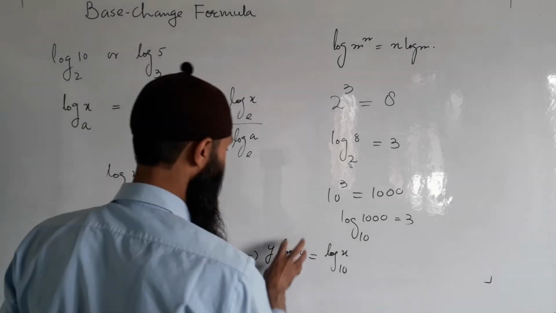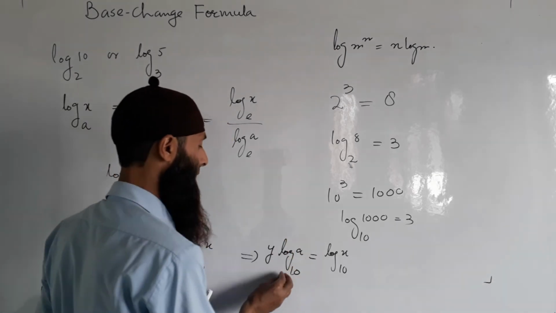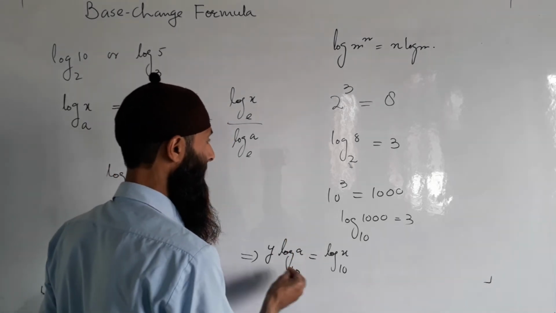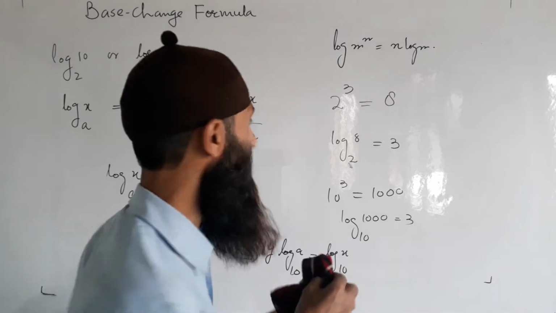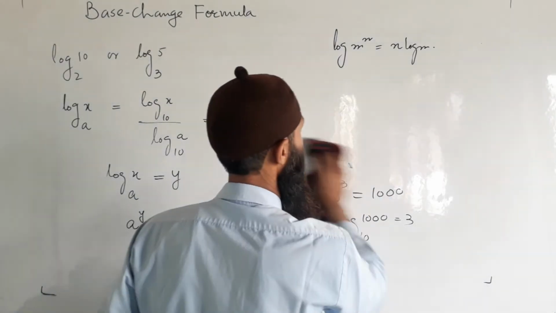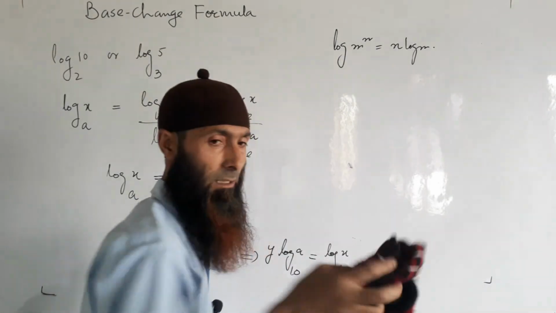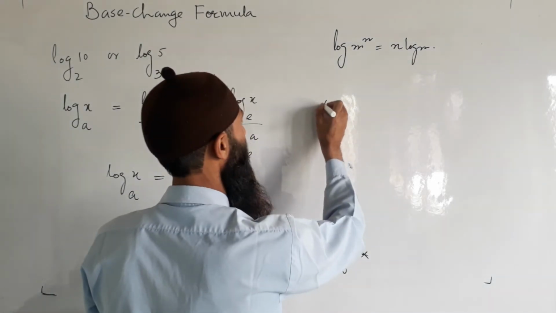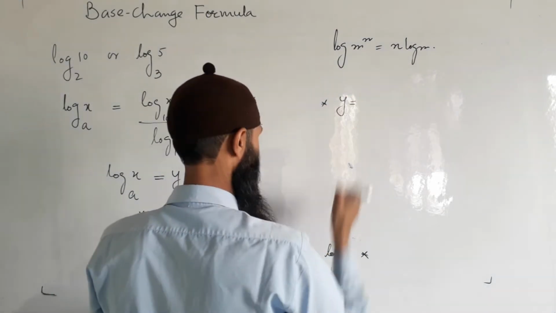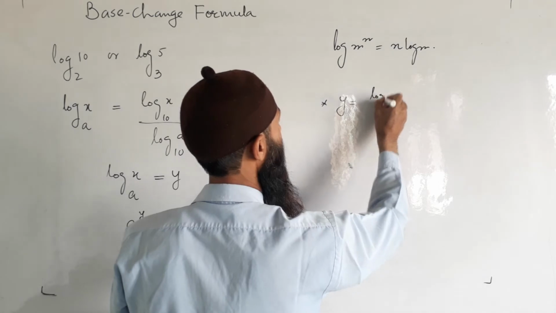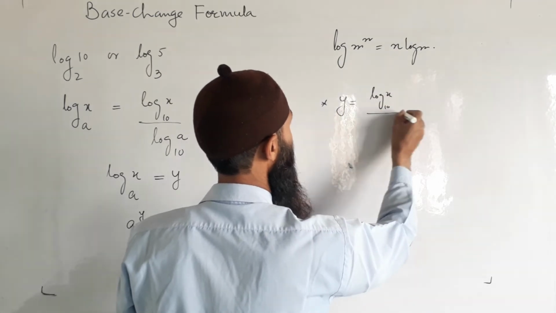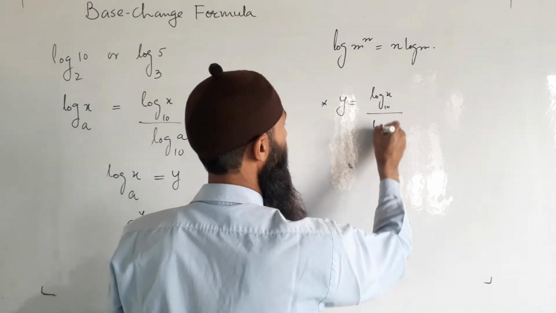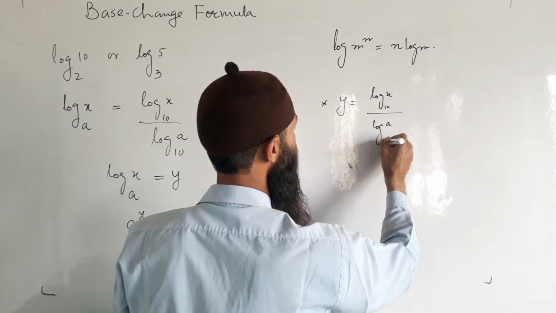Now this expression will divide it here, and y will be equal to log of x to the base 10 divided by log of a to the base 10.